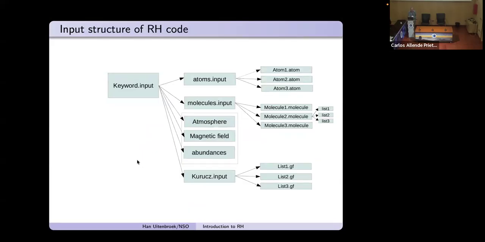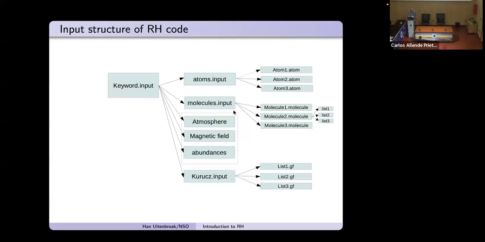I'll go through some of the input files. The main input file is called keyword.input. It sets a number of parameters, but it also sets the files that contain the atoms. It's a list of atom.atom files. I'll show you an example a little bit later. There's a list of molecular files, and each of those can possibly have a list of molecular lines.